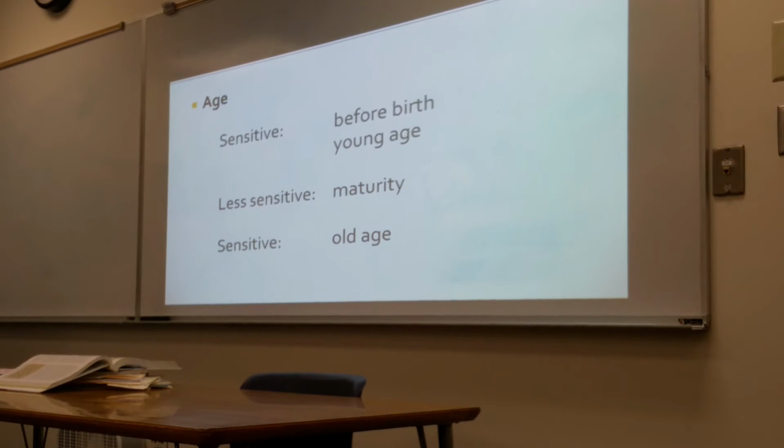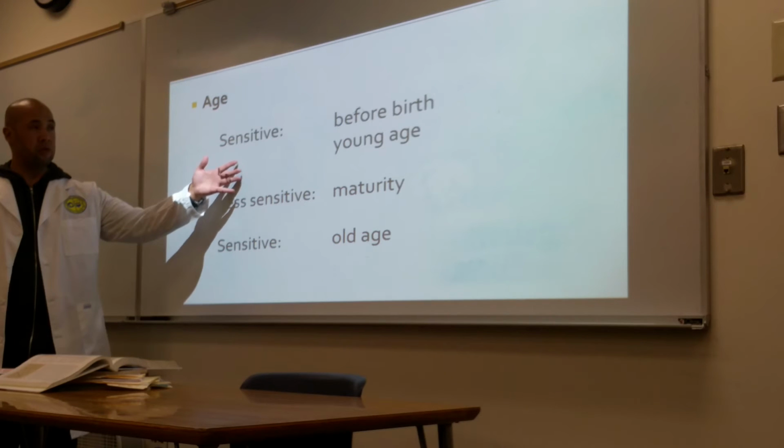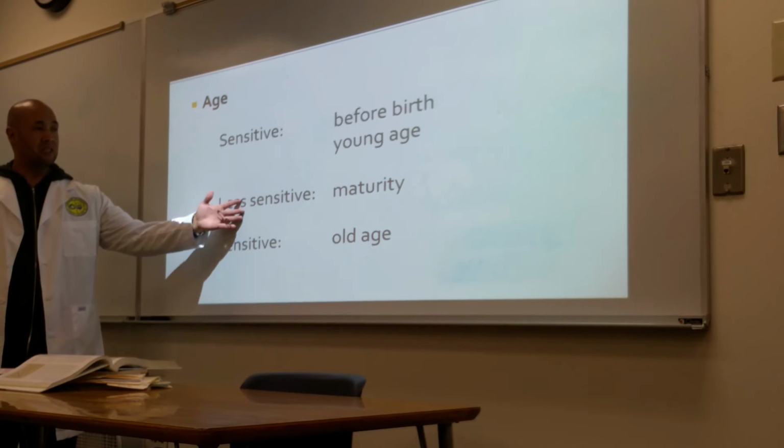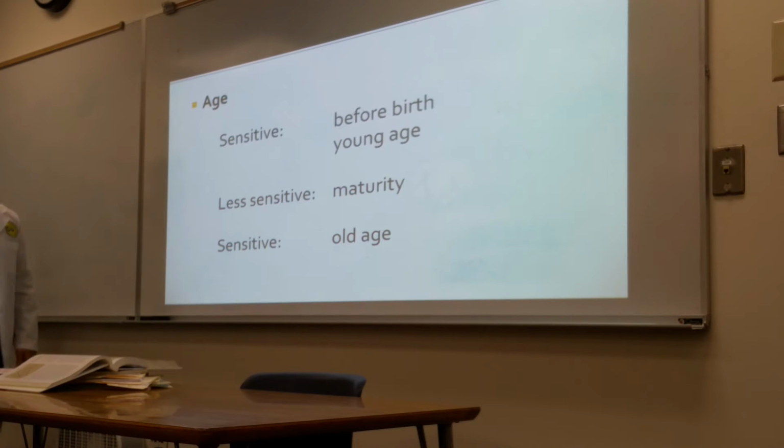Other factors. Age. Your body's more sensitive before birth and at a young age, and as you mature, this goes hand in hand with the development of your cells, right? So you're more sensitive at birth and at a young age. You are less sensitive as you mature, but then you become more sensitive again as you get older.